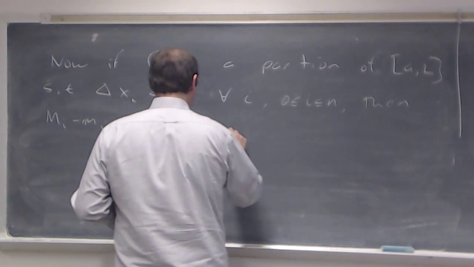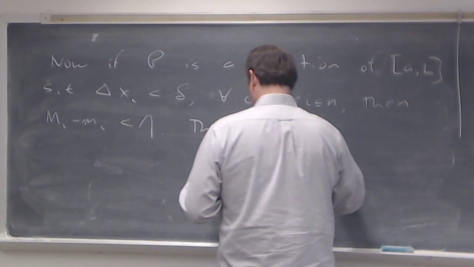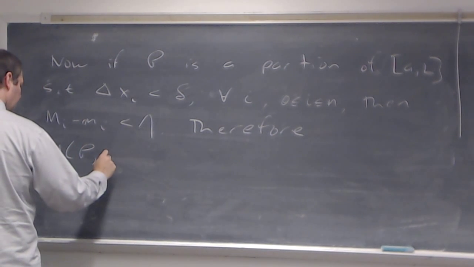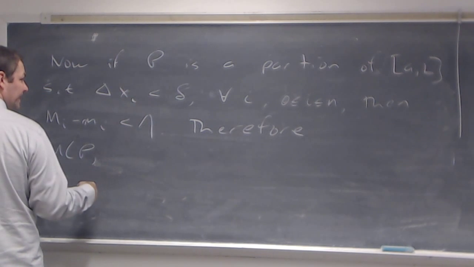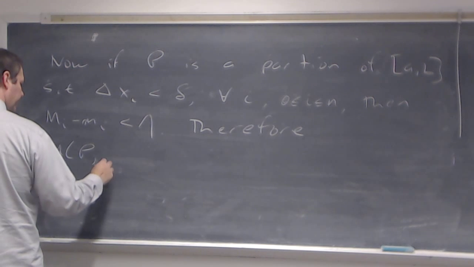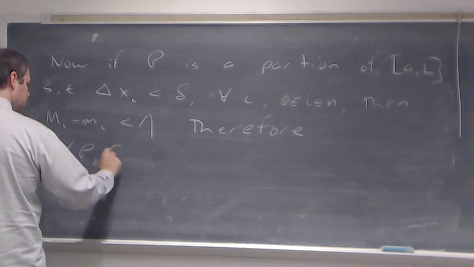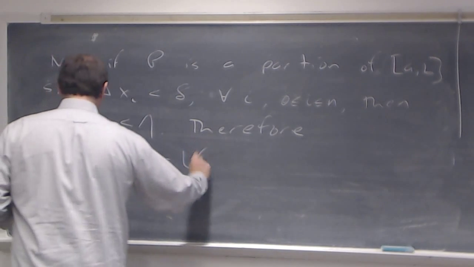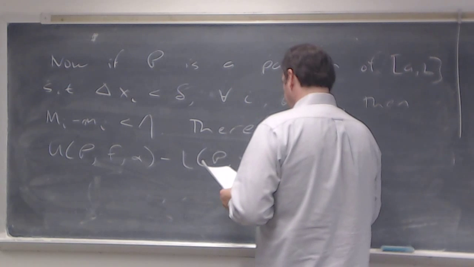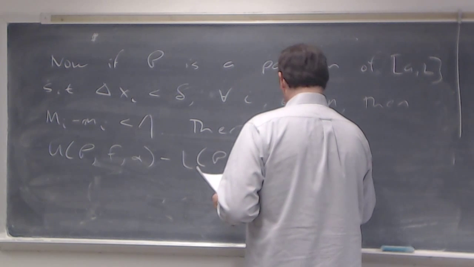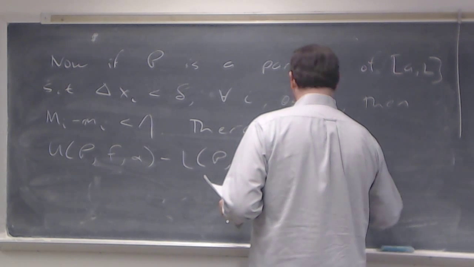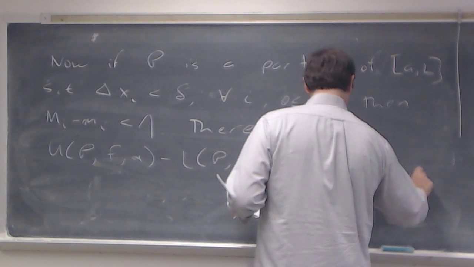And therefore, the upper sum with this partition, any partition that satisfies this, minus the lower sum with this type of partition, is equal to the sum as i runs from 1 to n of M sub i minus little m sub i times delta alpha sub i.